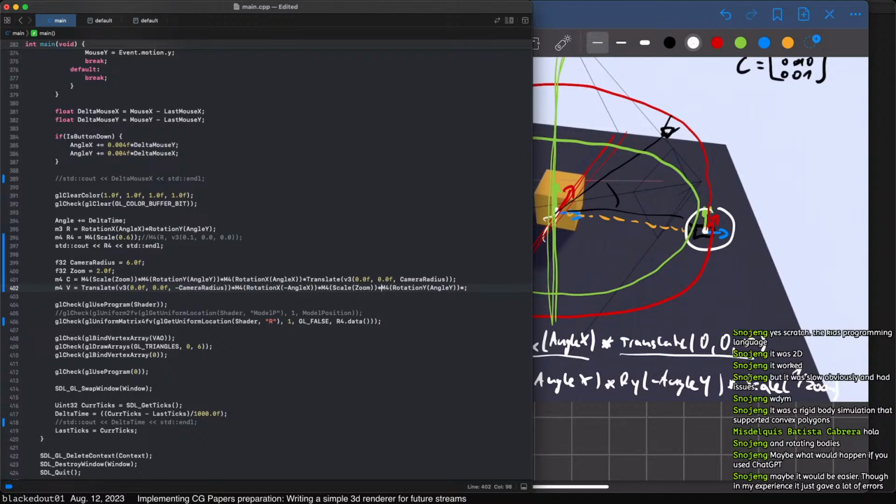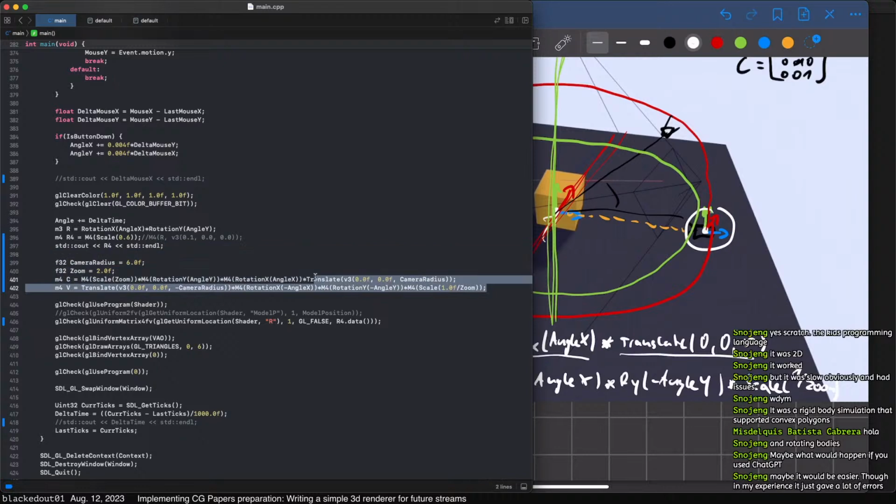Then we take the y rotation with the negative angle. And lastly, we just invert the scale. So that's the view matrix.